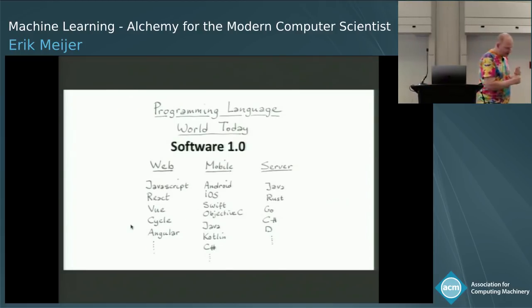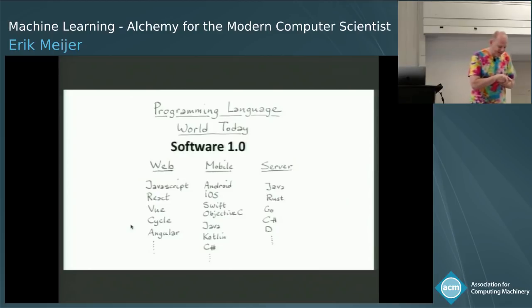And another thing I notice is that there's an explosion in the world of programming today of frameworks. If you're a JavaScript programmer, every day there's another UI framework. And even in programming languages, there's an explosion of languages, which is great for us because we can write papers about them.